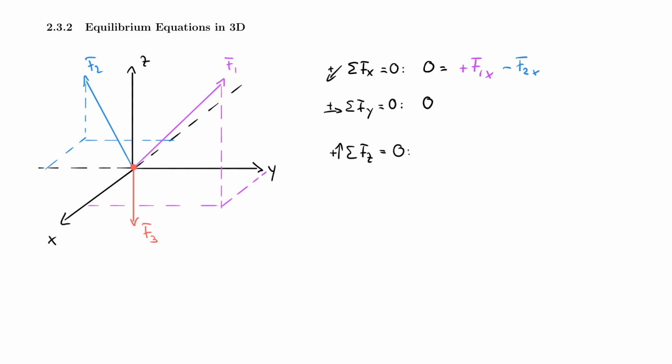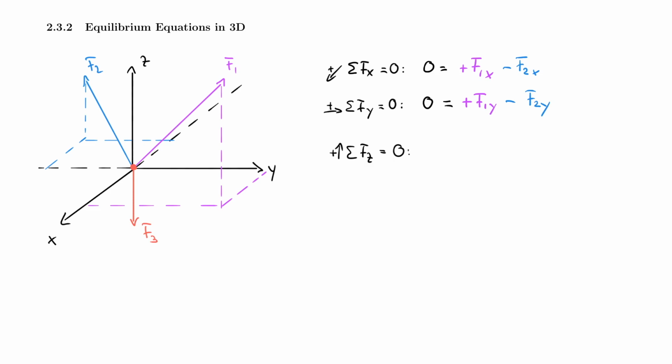For the y direction, I have to start with my F1 as well, which again is positive, so plus F1y minus F2y, and no F3 component.